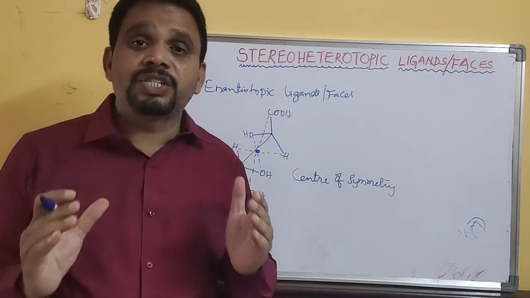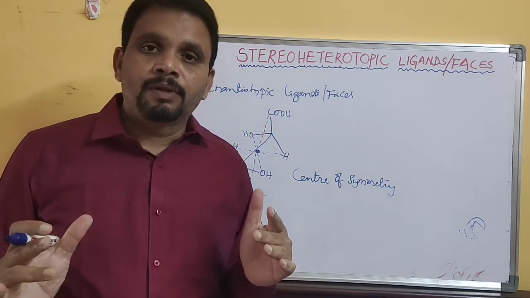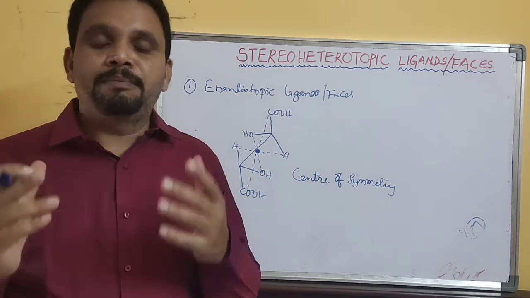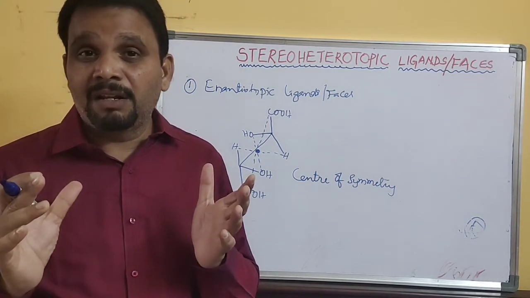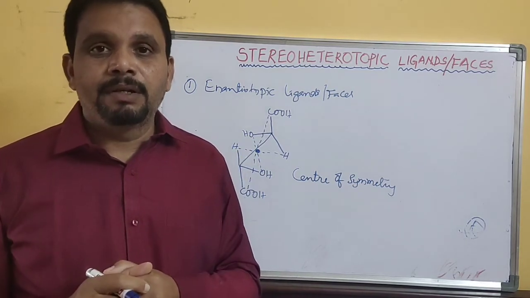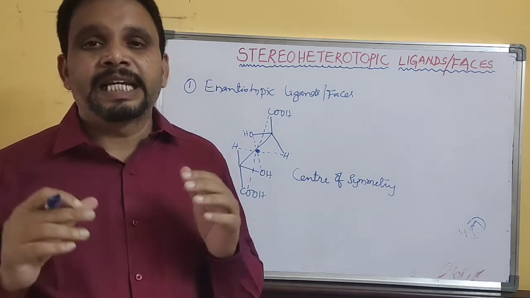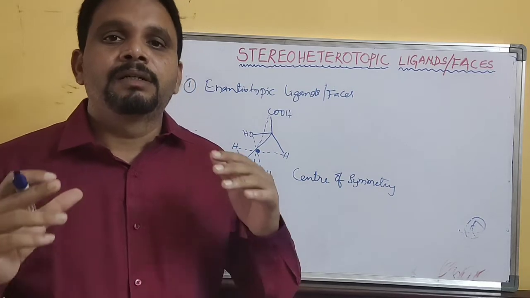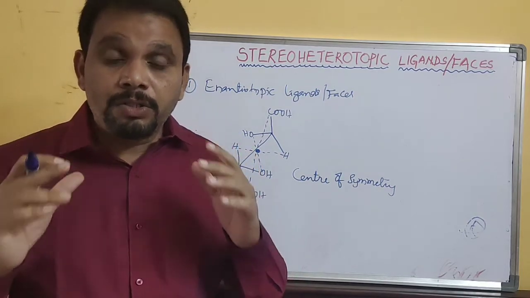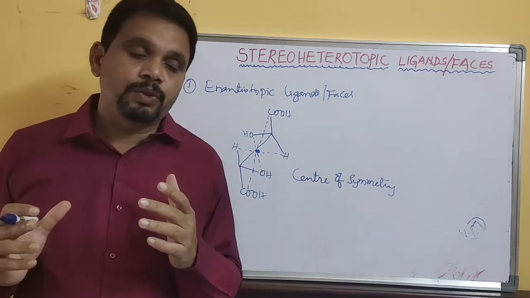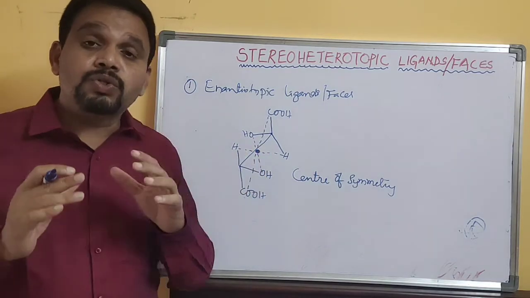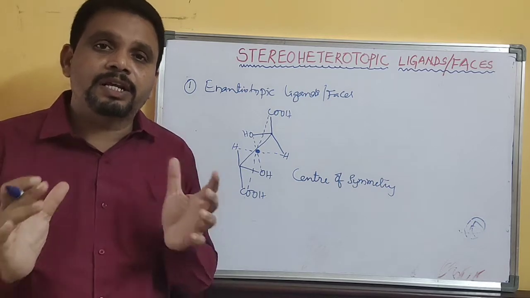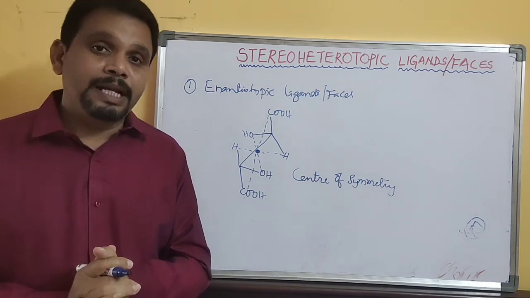The ligands in a molecule that are exchangeable or interconvertible by secondary kinds of symmetry elements, like center of symmetry, plane of symmetry, alternate axis of symmetry, those atoms or groups or ligands can be considered as enantiotopic ligands.